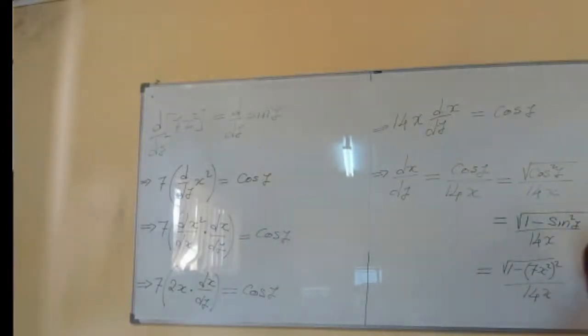The reason is that 7x² is equal to sine of y. When we started, we said 7x² is equal to sine of y, so whenever we have sine y, we substitute it with 7x², and it will give us this.